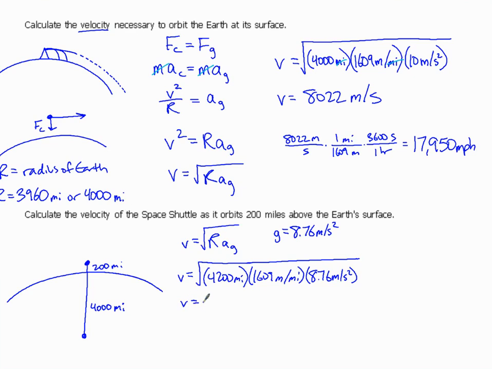The velocity here is 7,694 meters per second. So it doesn't take nearly as much to orbit the Earth 200 miles above the surface. In terms of miles per hour, this is 17,215 miles per hour. So something like the space station is still moving at an incredible rate of speed.